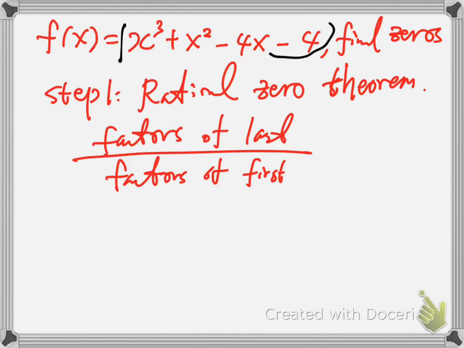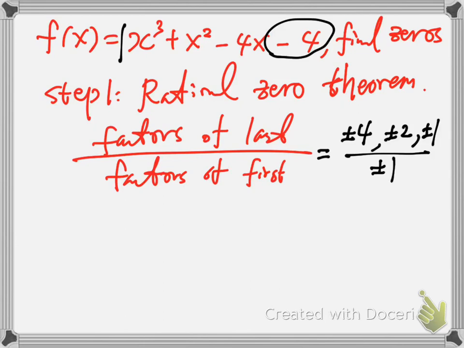The last number is negative 4, so we take plus or minus 4. 4 has factors 2 and 1. Factors means divisible: 4 divided by 2 is divisible, so 2 is a factor, since 4 is 2 times 2. 3 is not a factor of 4. Then we divide by factors of the first number. The first number is 1, so the only factor is 1.